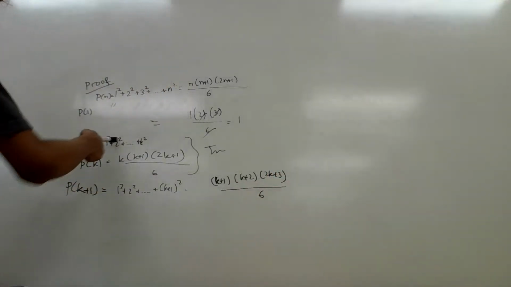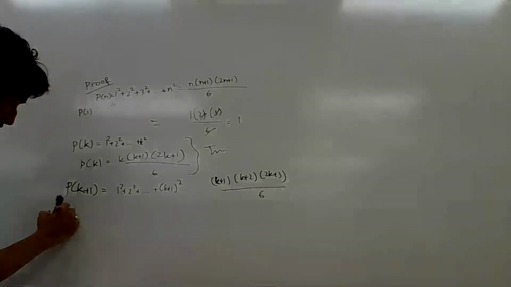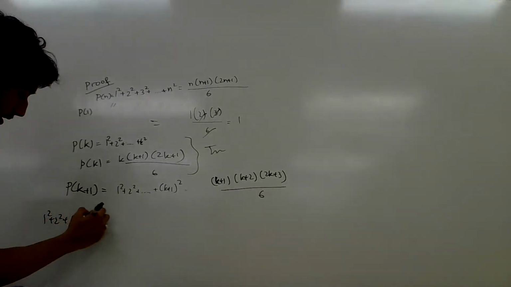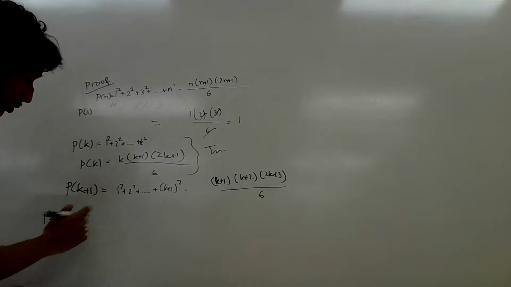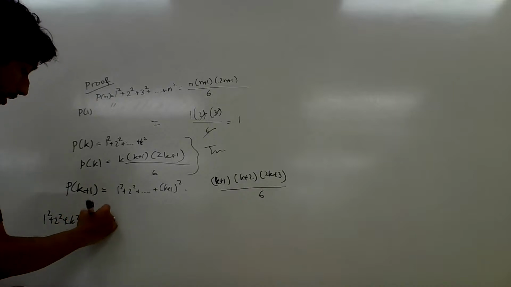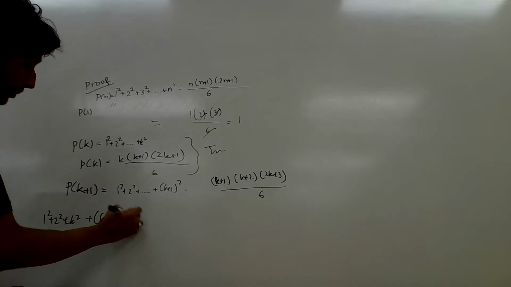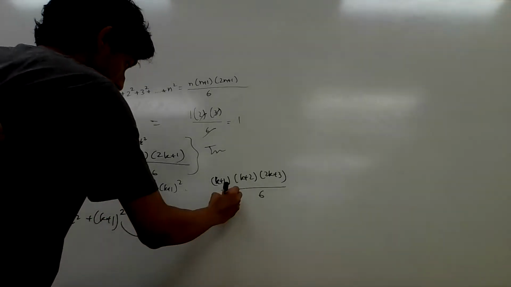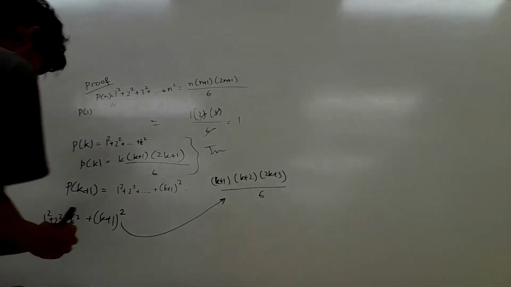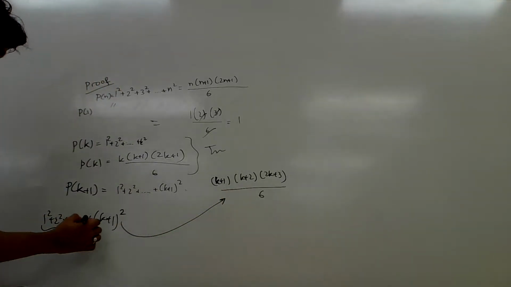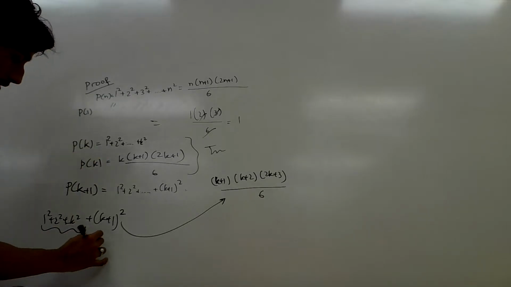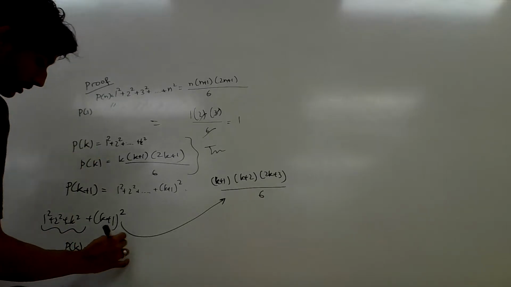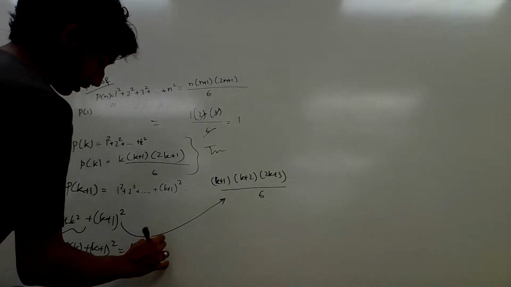So you can take this statement where you have 1 squared plus 2 squared until k squared, and you add one more number, which is k plus 1 whole squared. You try to get to this from here. You now know that this part comes from p of k, so p of k plus k plus 1 whole squared is p of k plus 1.